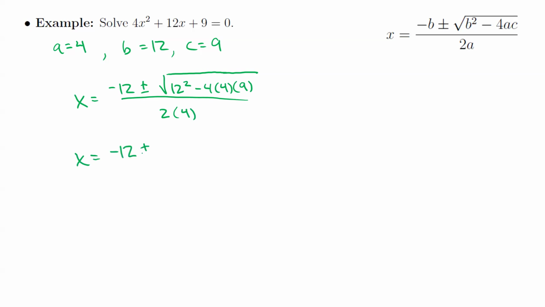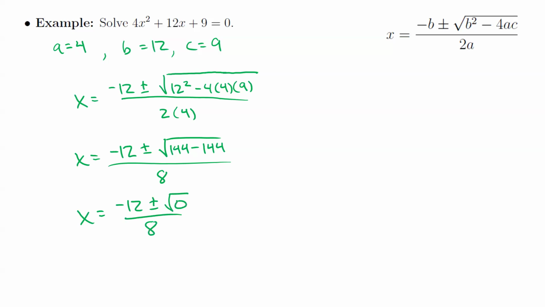Now, as I do the simplification here, I get 12 squared is 144, but then 4 times 4 times 9 is also 144, so I'm just subtracting 144. So this ends up being negative 12 plus or minus square root of 0, right? So what happens here is we just get negative 12 over 8, which I guess I could simplify, right?